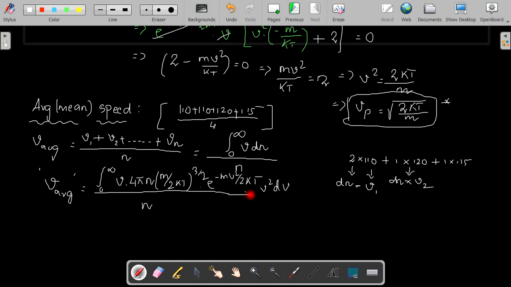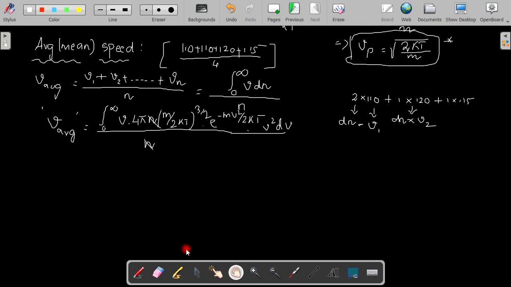So we have all the terms in place. We are just going to integrate this, so we can cancel this out, okay, and then we can just do it simply. We can take out whatever is not dependent on v. This is 4 pi into m divided by 2kt whole thing to the power 3 by 2, and then we can do our integration 0 to infinity.